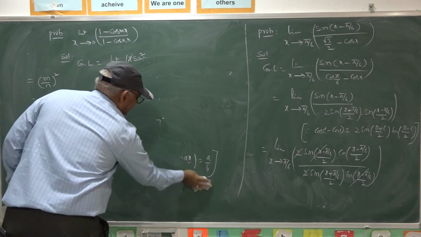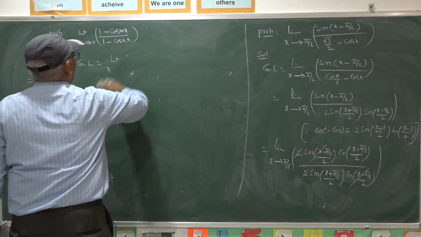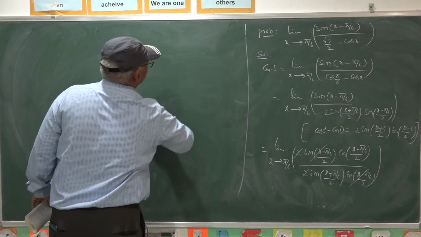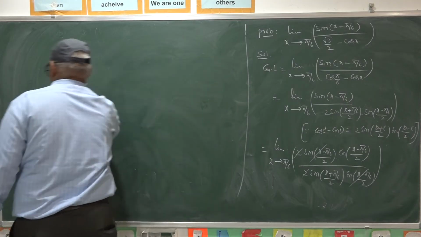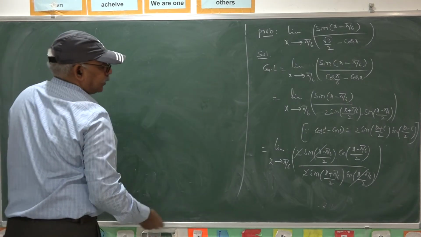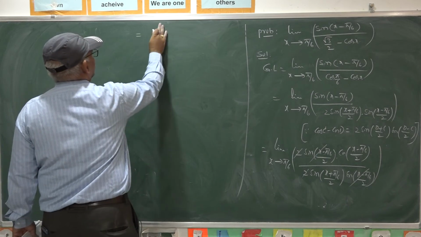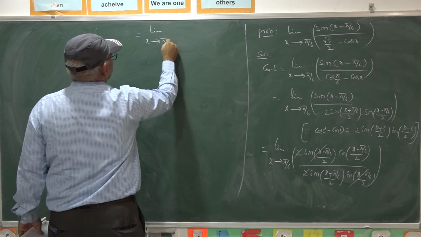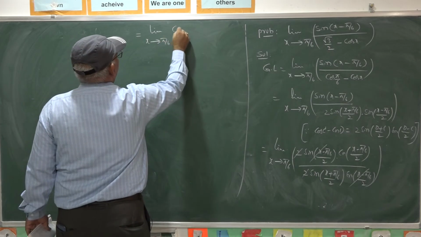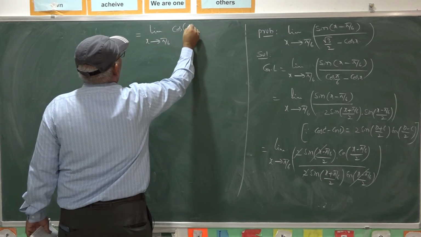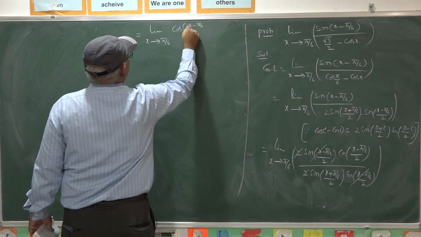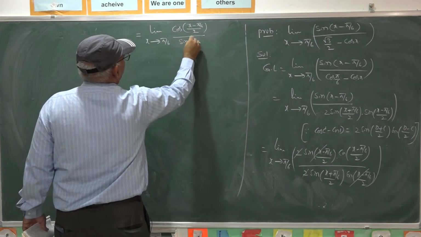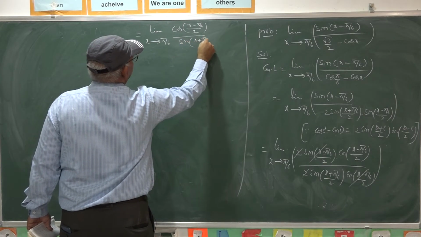So the limit totally reduces to limit as x goes to pi by 6, cos of x minus pi by 6 by 2 by, in the denominator, sin of x plus pi by 6 by 2.